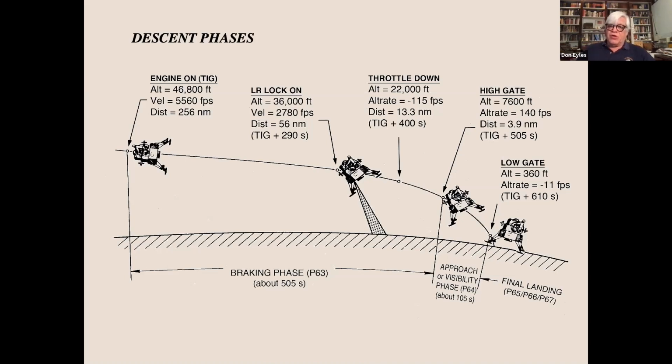During the braking phase, a couple of important things happened. One of them was that the landing radar had to lock onto the surface to measure velocity across the surface and altitude. The inertial guidance was great, but it was not good enough when you got in the vicinity of the moon to trust it to the foot, shall we say.